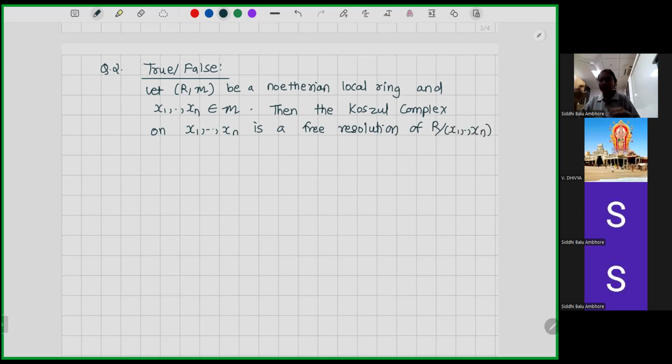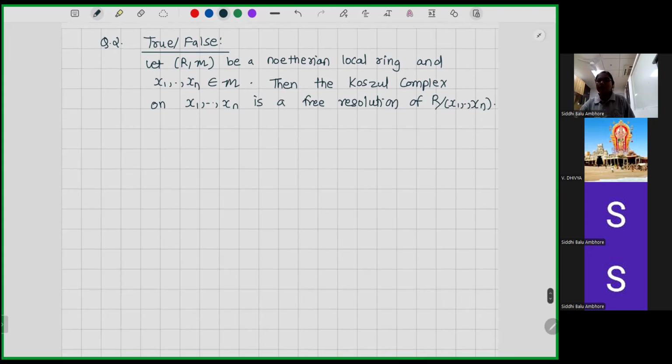So what they are saying is that if I choose any n elements from this maximal ideal M, then the Koszul complex for those n elements will give us the free resolution of the quotient ring R modulo x1 to xn. So this is the question, whether this is true or false. That's what we need to check here.